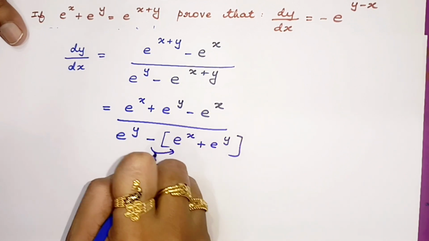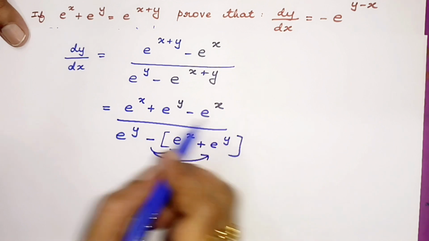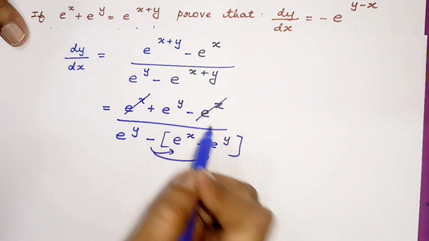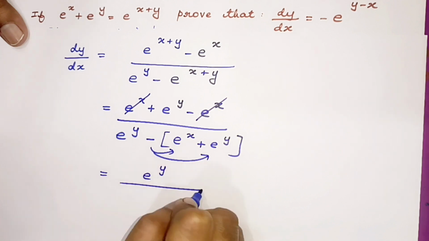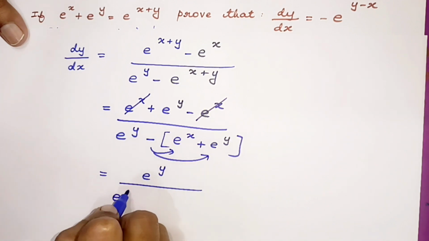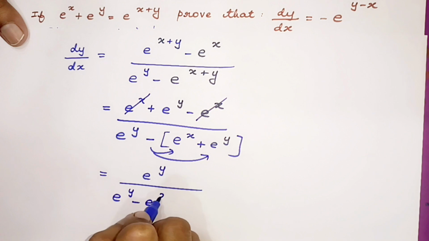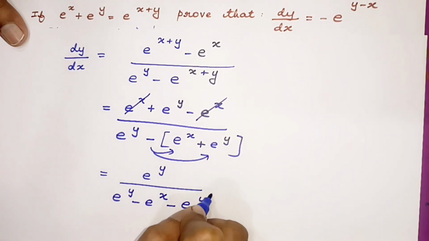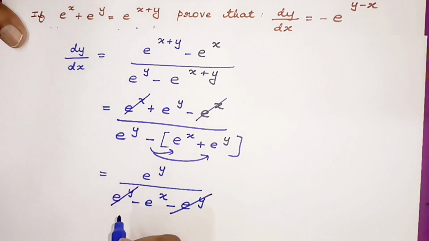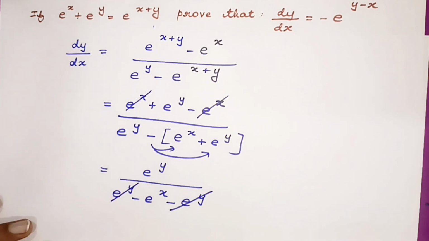Now multiply with the minus inside the bracket. E power x and minus e power x get cancelled. So we get e power y divided by e power y minus e power x, minus e power y. So plus e power y and minus e power y get cancelled.